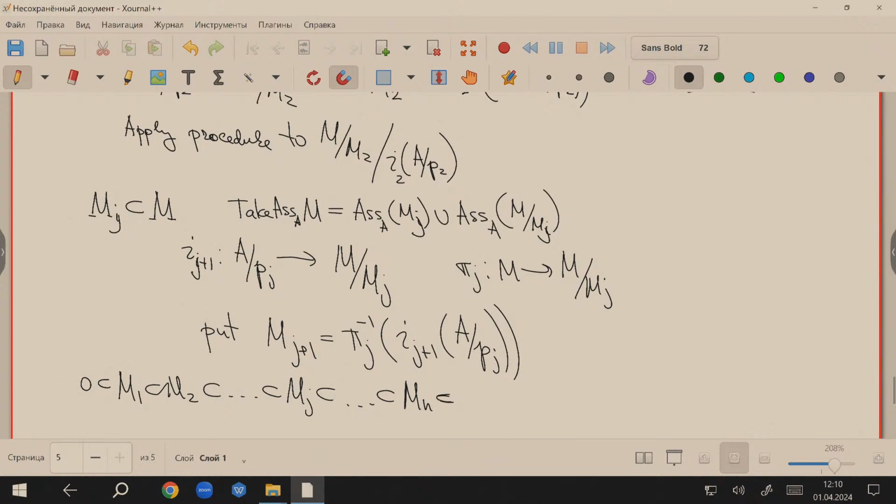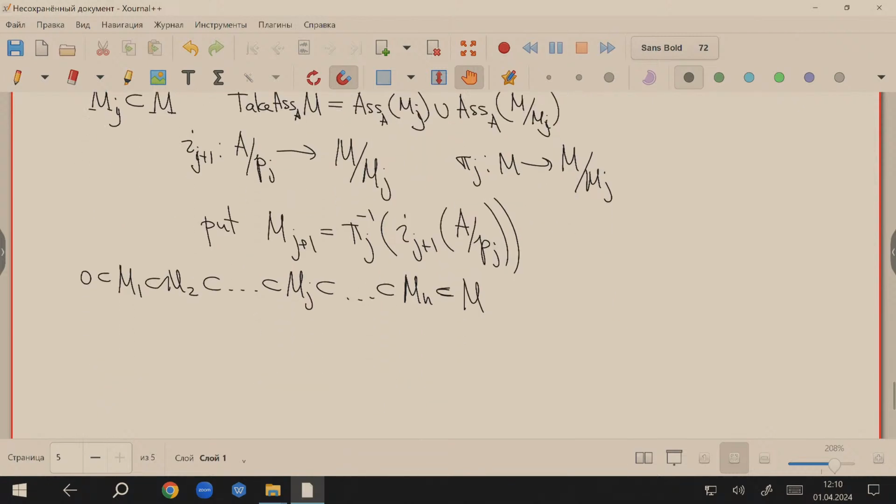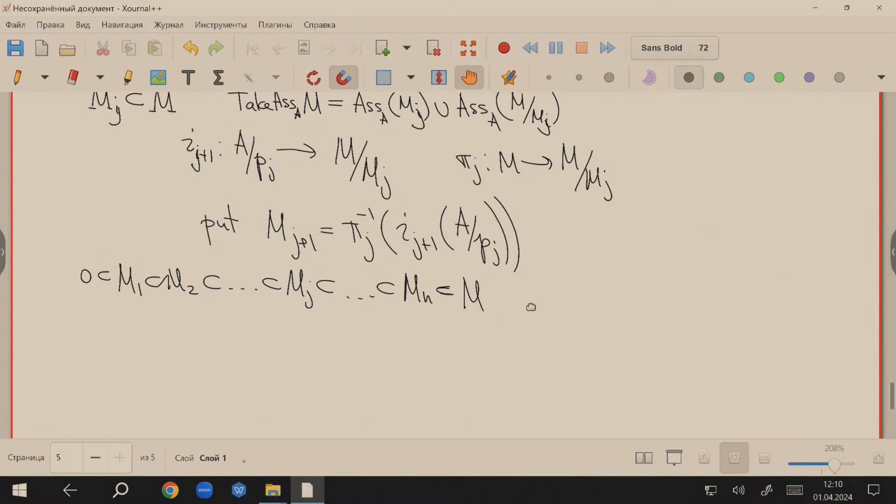Here we do not even assume that the last module in the sequence is equal to M. By the Noetherian property, this sequence stabilizes at Mn.